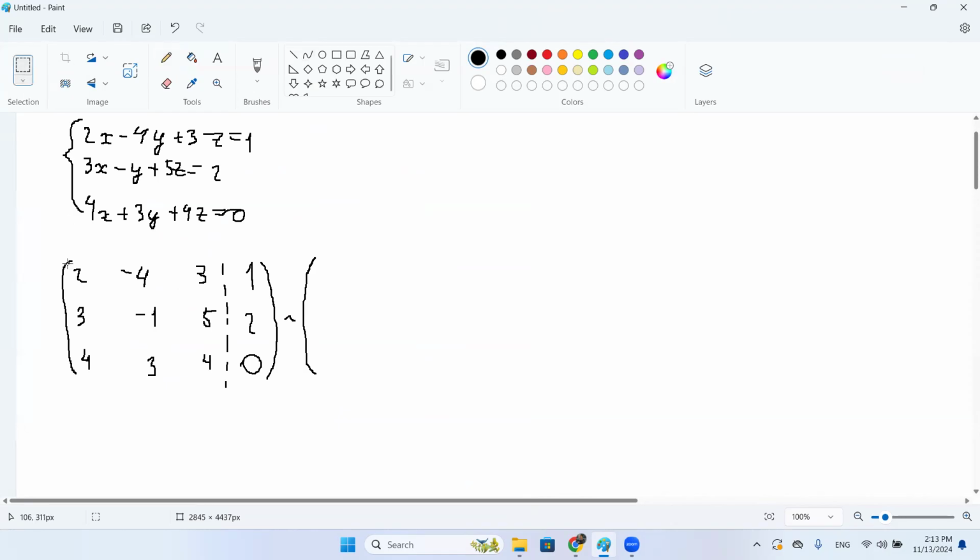So what I prefer to do? Now this row will remain without changes for now, and I will subtract it from the second and from the third. So here we have 1, 3, 2, and 1. And this here we can already eliminate.